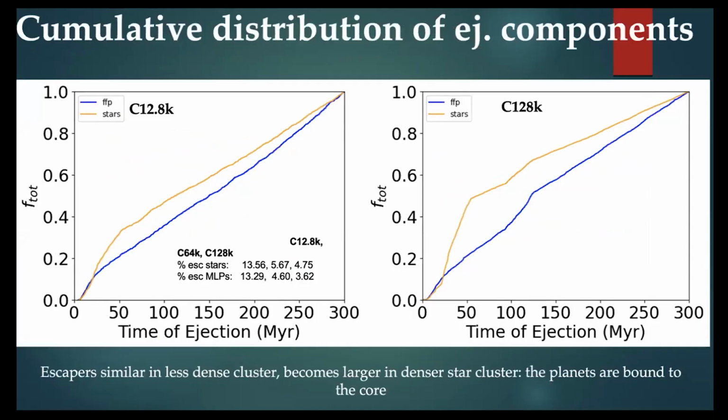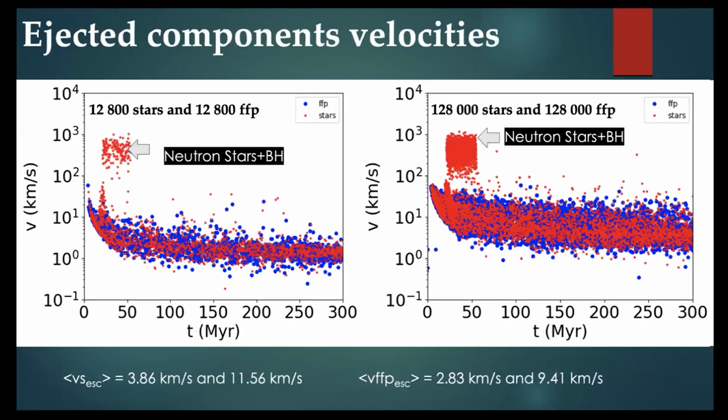A similar result can also be seen here in the distribution of ejected planets, in which we see that it is more linear in the ejection percentage here as compared to here. And here there is a much higher percentage of ejected free-floating planets compared to that. And this is because, as I told you before, we have a much denser star cluster.